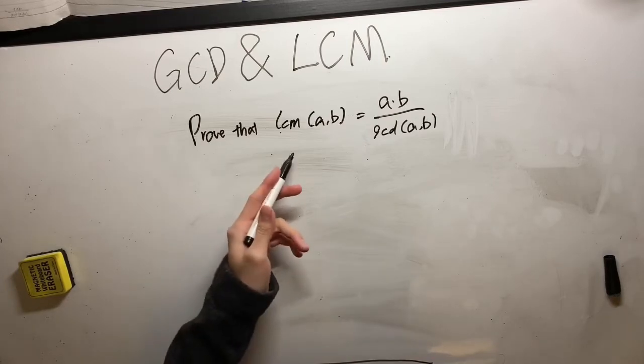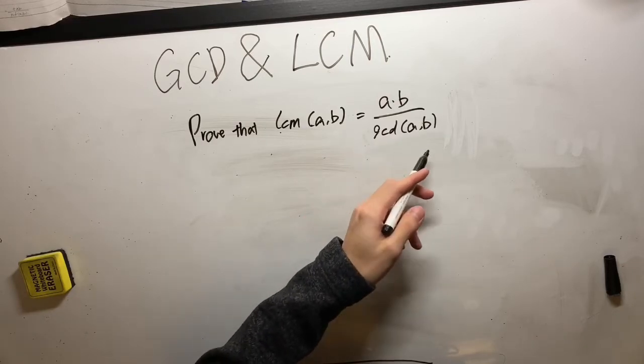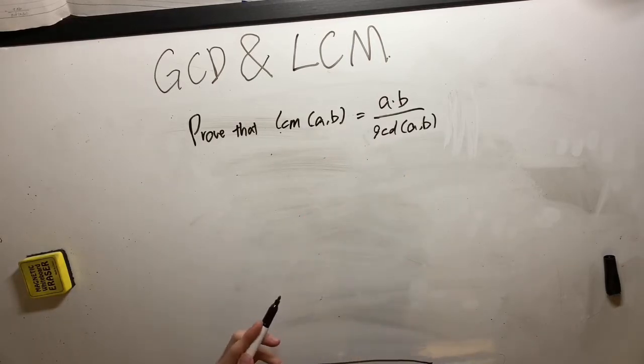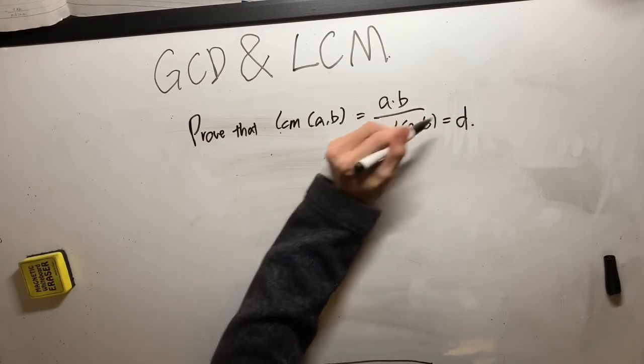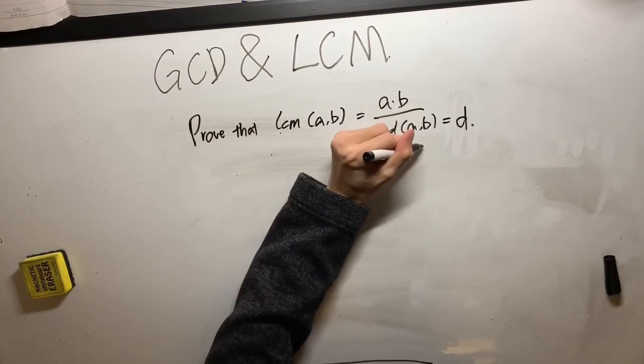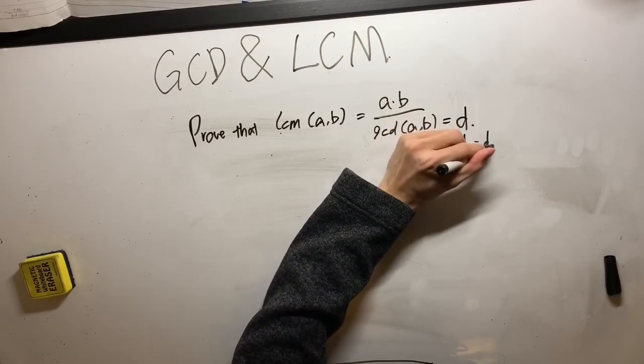Prove that LCM of A and B equals A times B over GCD of A and B. So first, let GCD of A and B equal D. Thus, A equals D times A1 and B equals D times B1.